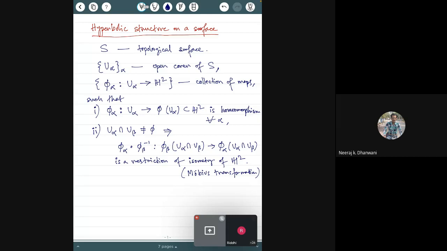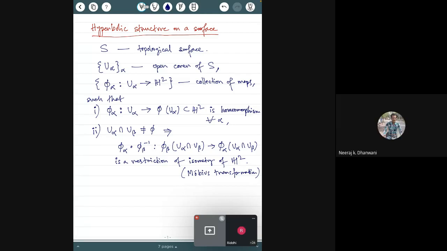So Neeraj, you have a condition on the S. This is only possible when S is hyperbolic. It is not always possible that phi alpha composition phi beta inverse for all alpha, beta will be an isometry of H. No, we are defining what is called a hyperbolic structure on a topological surface, and it may or may not exist.